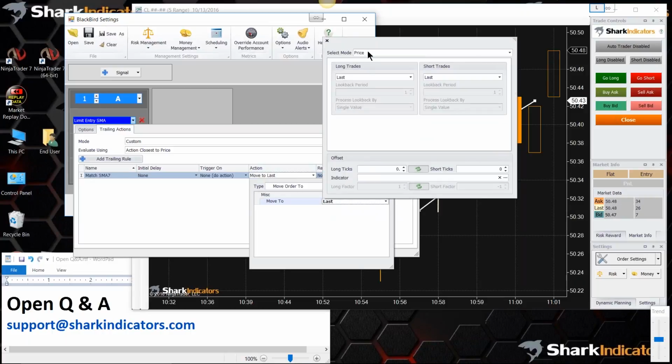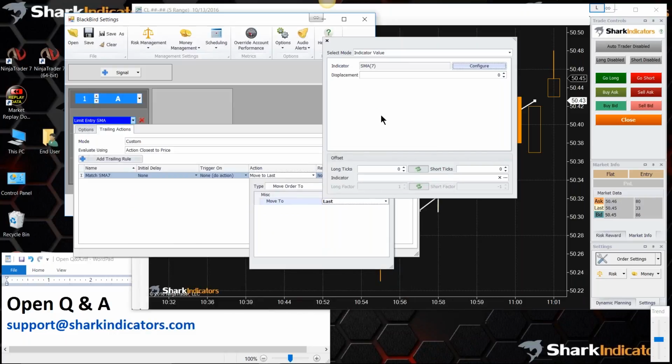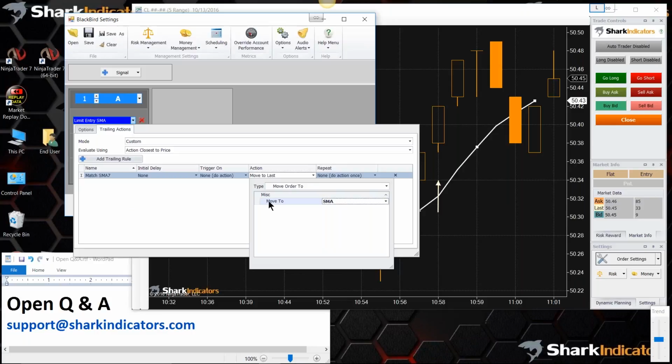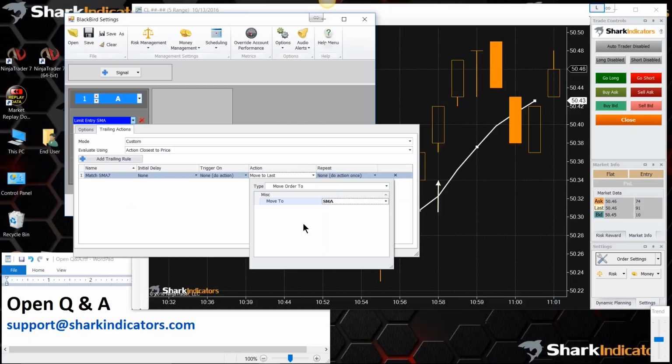And our action is, again, we're going to move our limit order to the SMA 7. So I just need to go in here, adjust the period to 7, like that. So we're going to move the entry order to the SMA, and it's going to be the SMA 7 to be more specific.